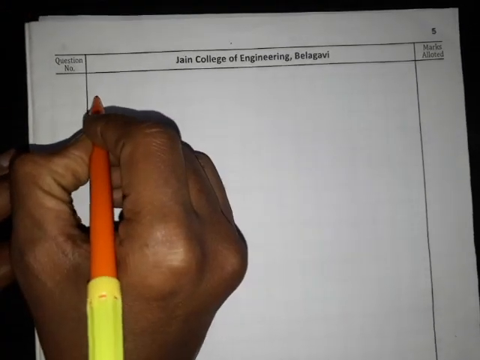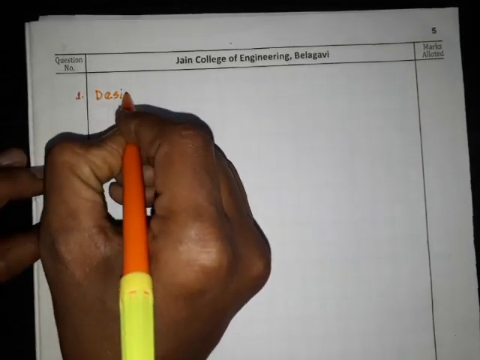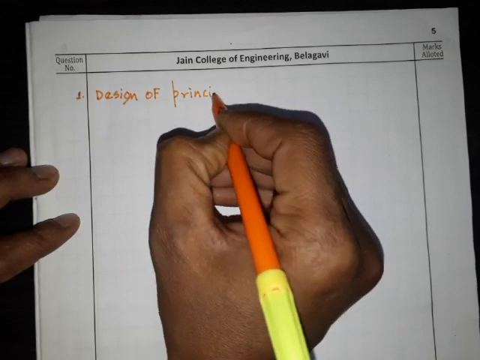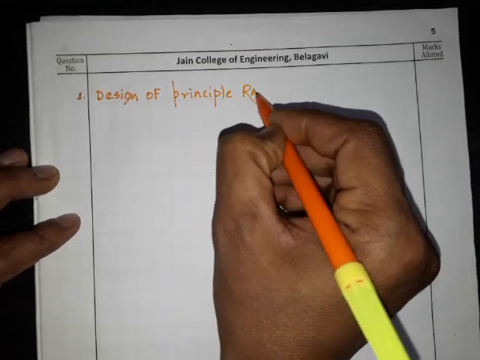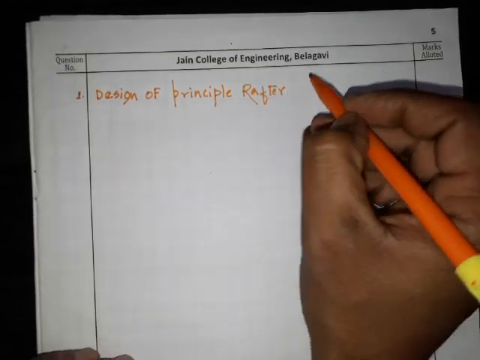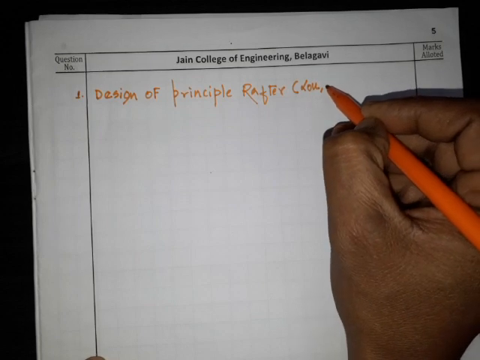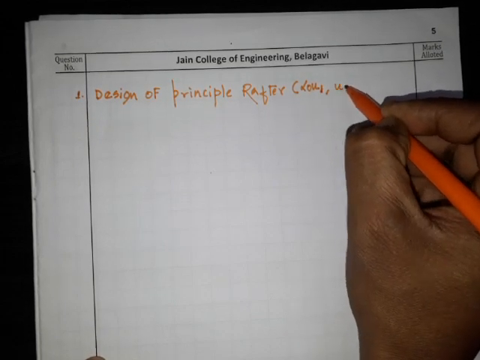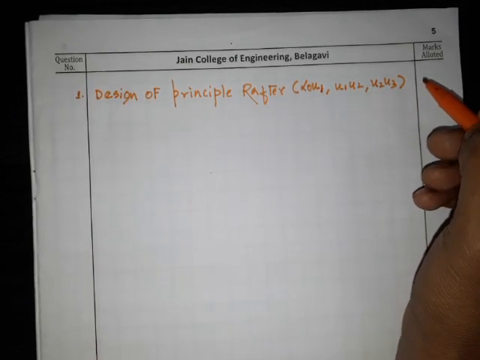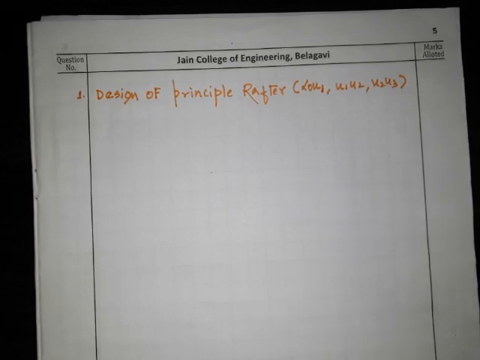First, design of principal rafter. If you would like to name it, it is L0 U1, U1 U2, U2 U3, correct.